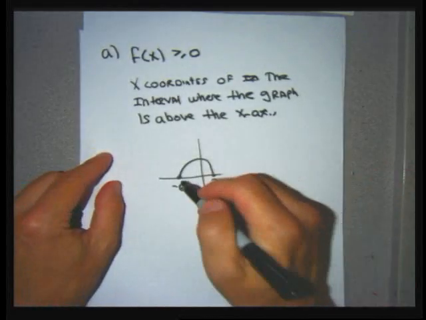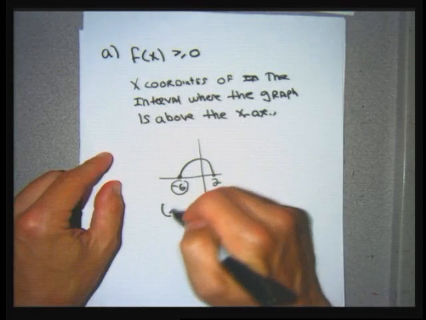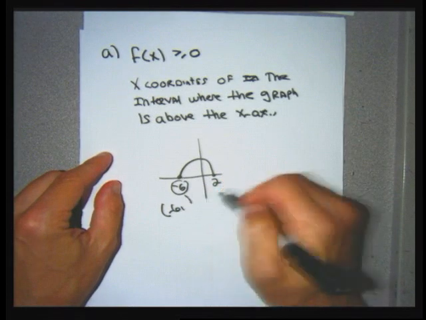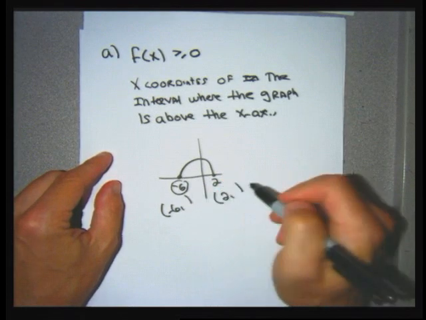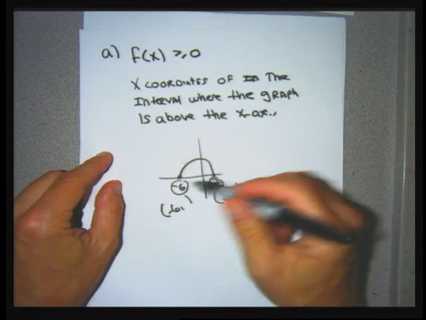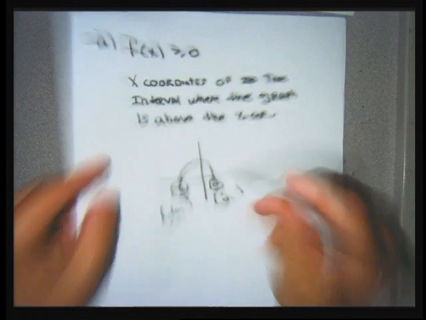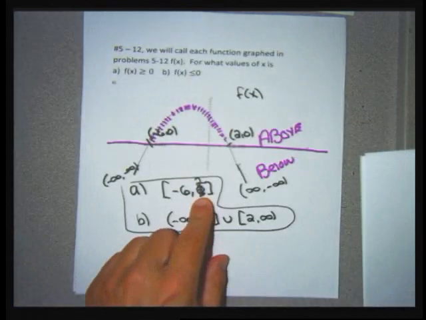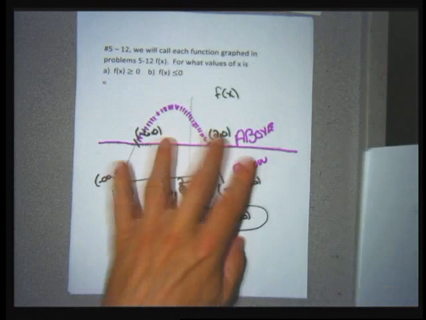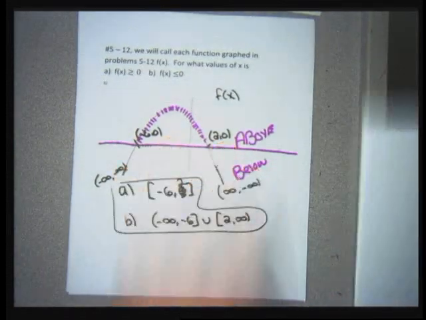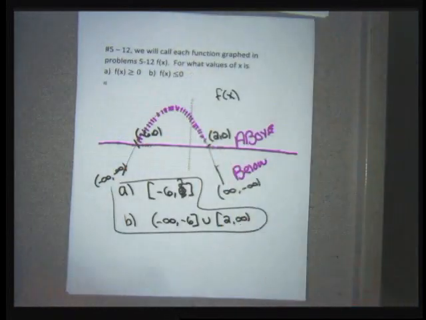And on the picture I wrote it's above the x-axis between the point negative 6, 0 and 2, 0. When I wrote my answer to part A, I should have written negative 6, 2, because those are the x coordinates of where the graph is above the x-axis. I don't want y coordinates in there, and I snuck a y coordinate in there, and that was flat out wrong. So this is the answer to problem 6.